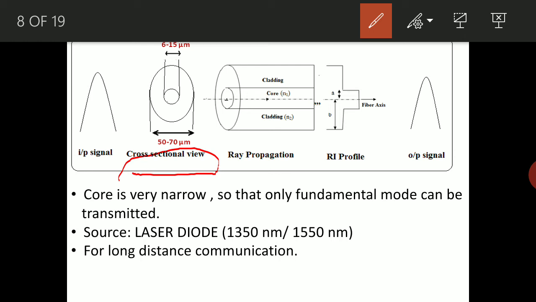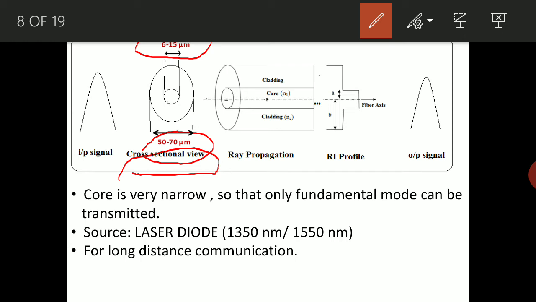At the center the core will be there, and the core is very thin, very narrow, of the order of 6 to 15 micrometer. It may change from text to text. While the cladding, on the other side, is of the order of 50 to 70 micrometer.